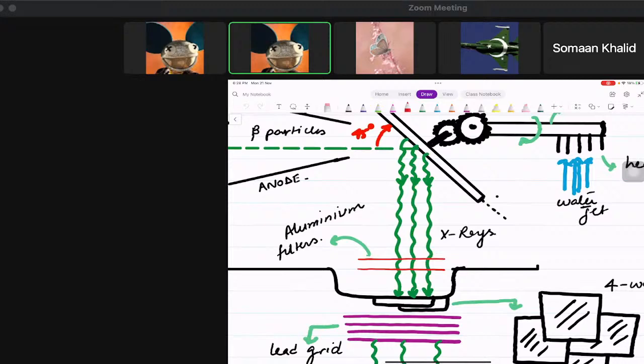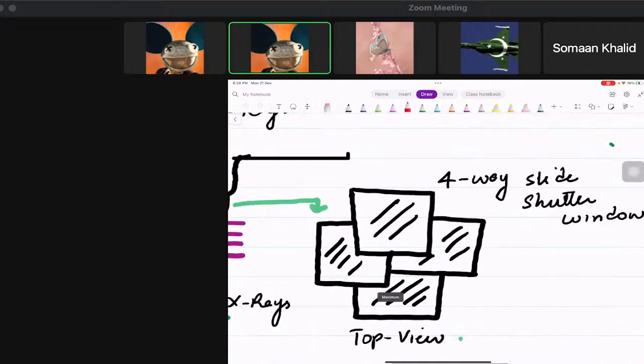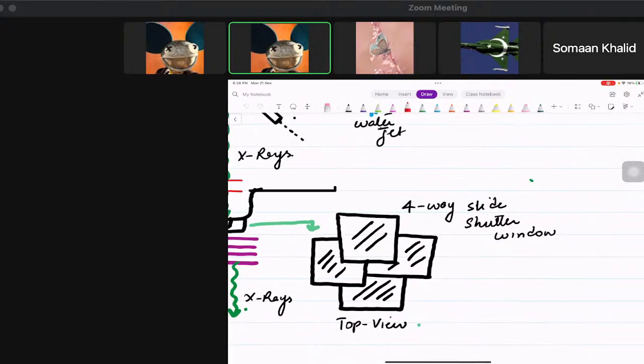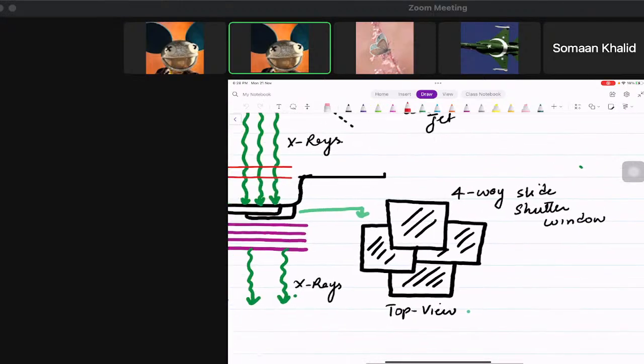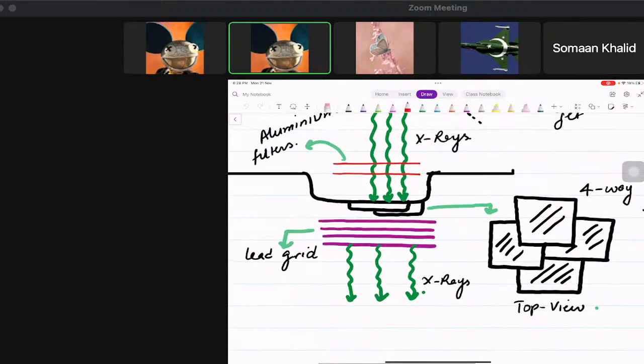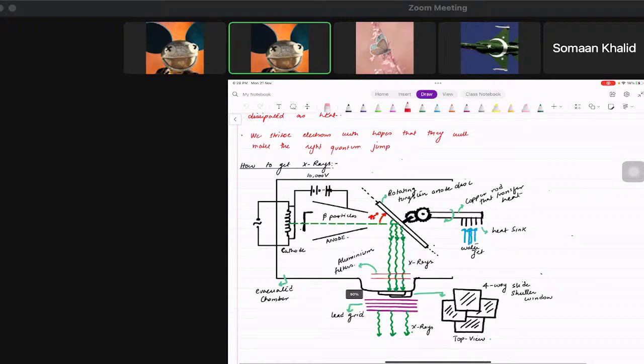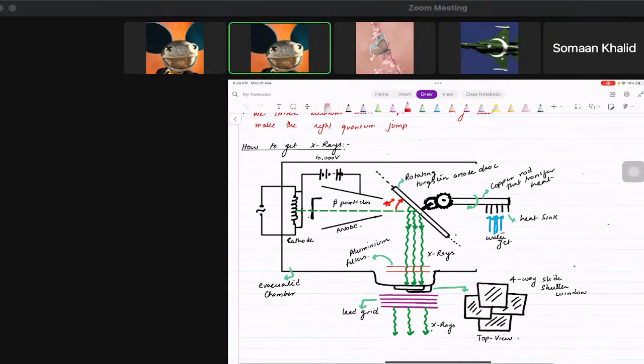I'll tell you what they are used for later. Then there are shutters like this, just to control the sharpness of the image. And then there's a lead grid, and X-rays are released, which pass through the patient. So this is the complete diagram, the design or assembly, of the inside of an X-ray machine. Is it clear, everyone?